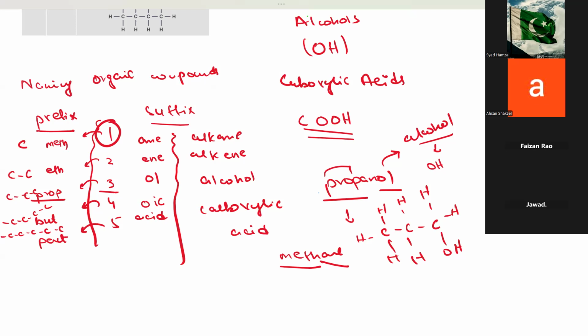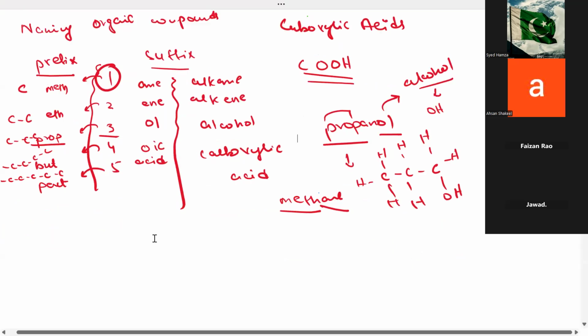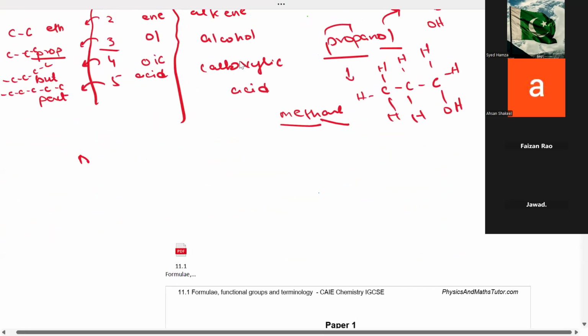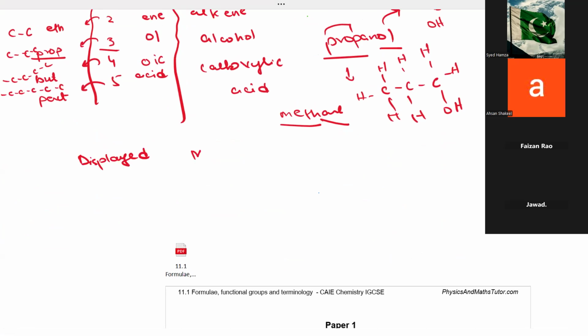Two of these things mean exactly the same thing. You've got displayed formula, you've got molecular formula, and you've got the structural formula.